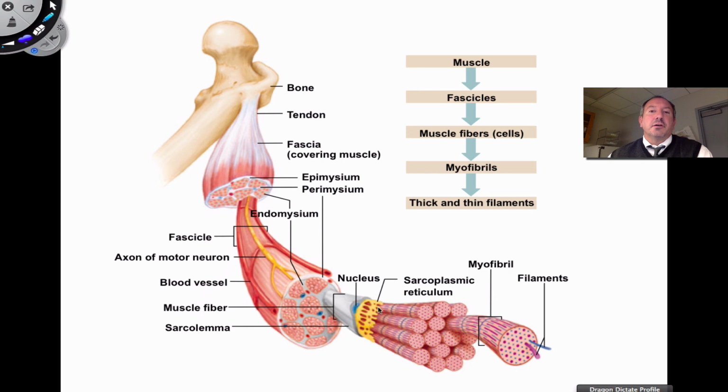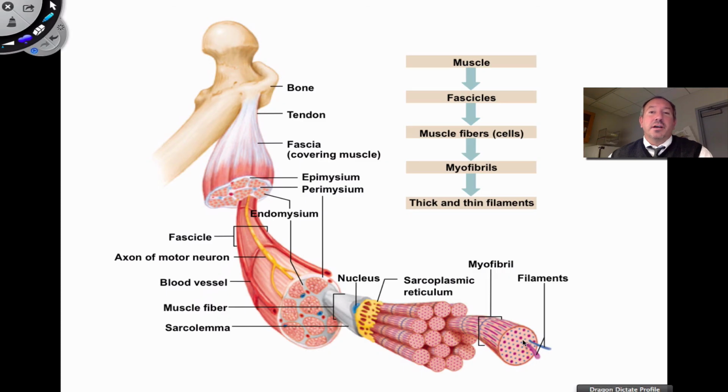We call it sarcoplasmic reticulum when we talk about muscle, because sarco means flesh. The sarcolemma is the membrane, and the sarcomere is the unit of the muscle cell that shortens. I'm making a long story short on this, believe it or not.